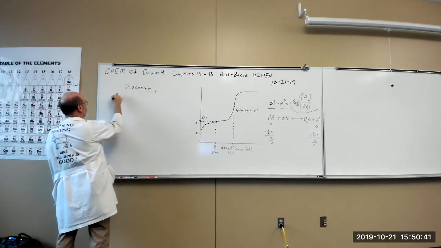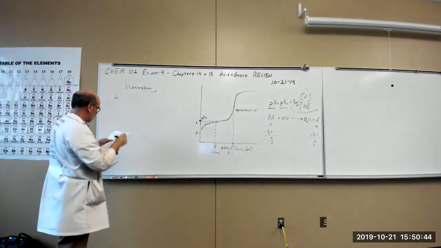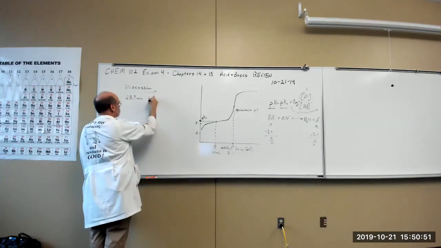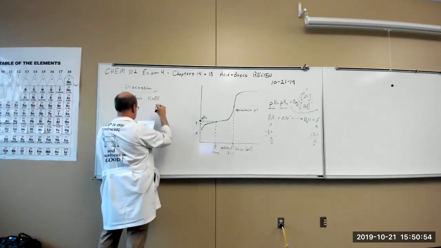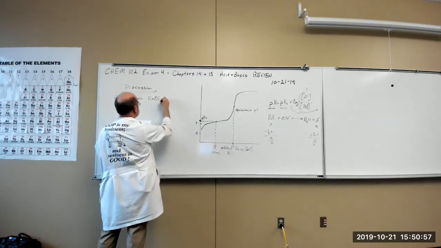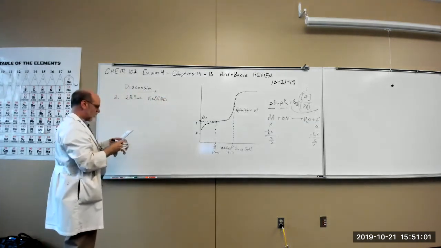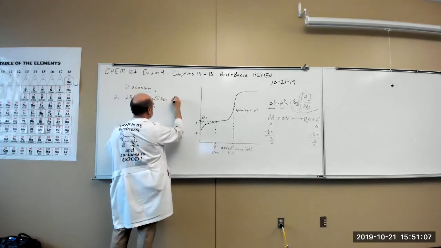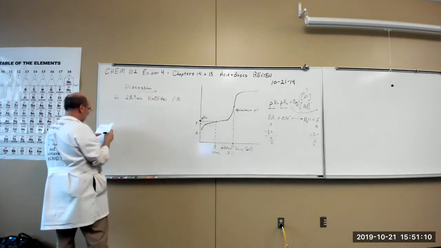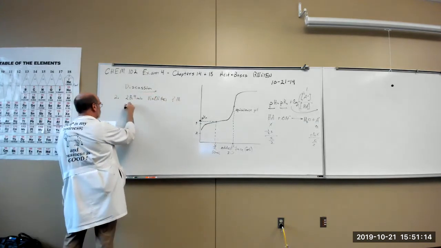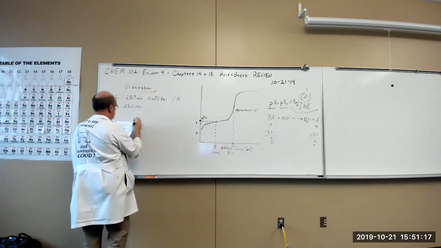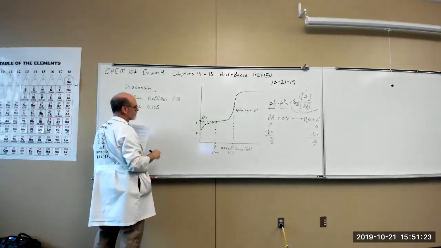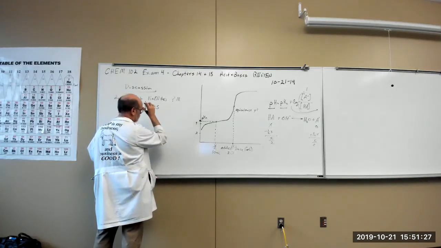And there's two more. Discussion question 2. If you have 23.9 milliliters of aqueous sodium hydroxide solution, and we don't know what the concentration is, and we've got that titrated against 25 milliliters of 0.105 acetic acid.